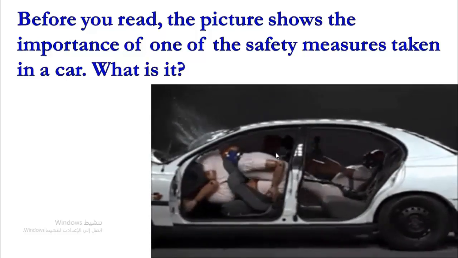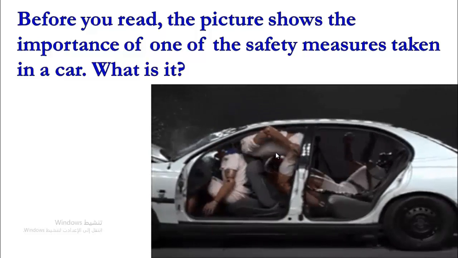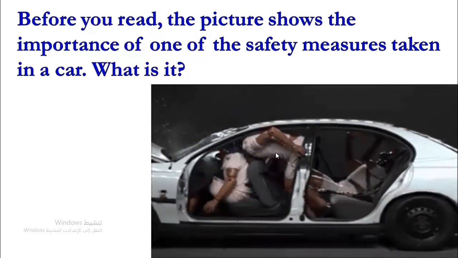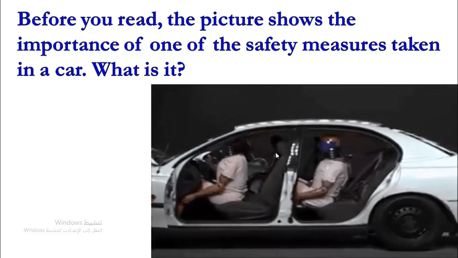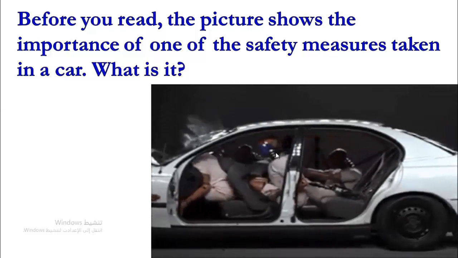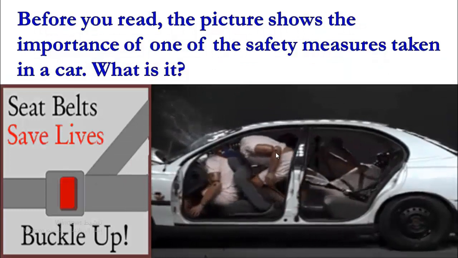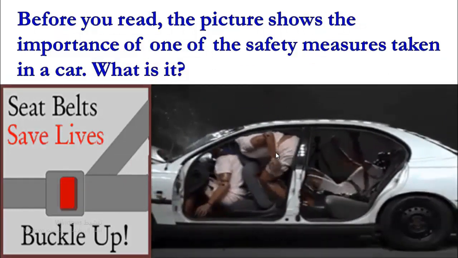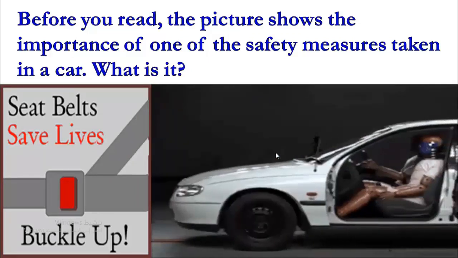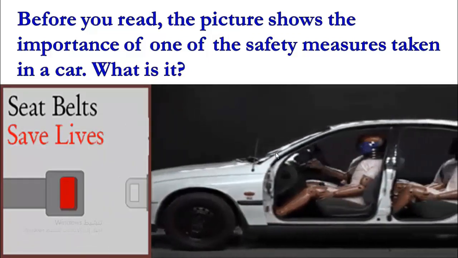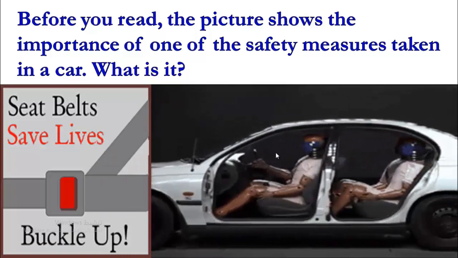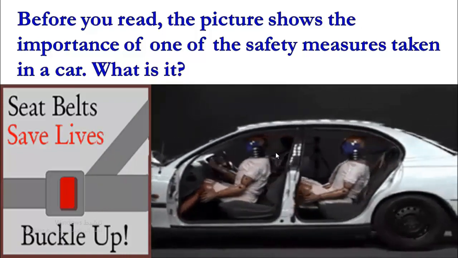What is this safety measure, which is very important? Yes, as you see in the picture, it's about seat belts. Seat belts are a very important measure. It must be taken in a car because seat belts can save lives.